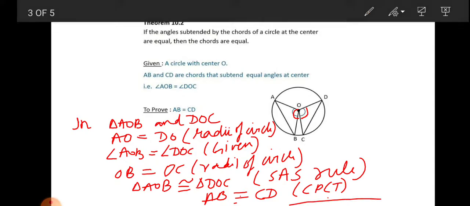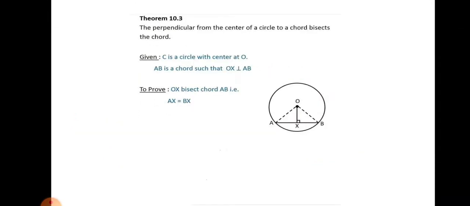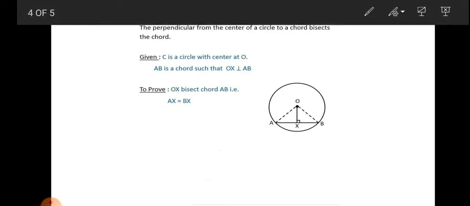Hence proved. Theorem 10.3: The perpendicular from the center of a circle to a chord bisects the chord. Given a circle with center O, AB is a chord such that OX is perpendicular to AB.